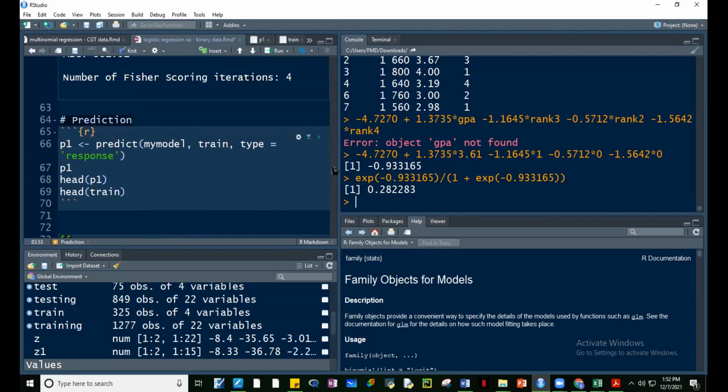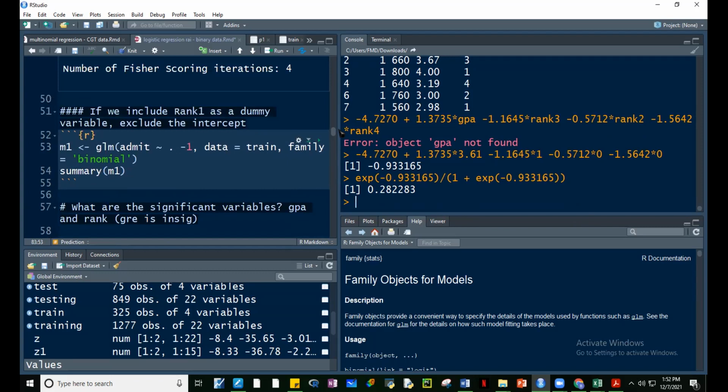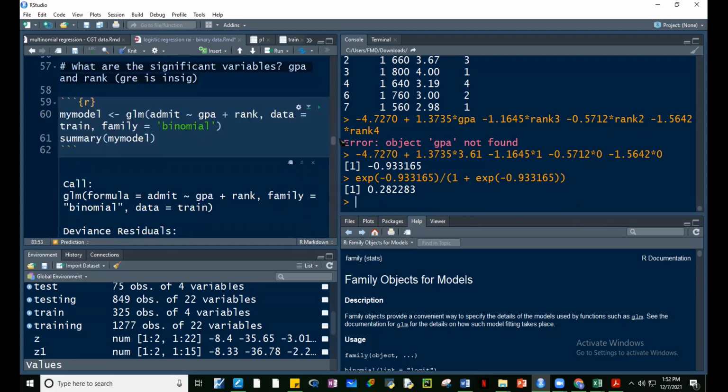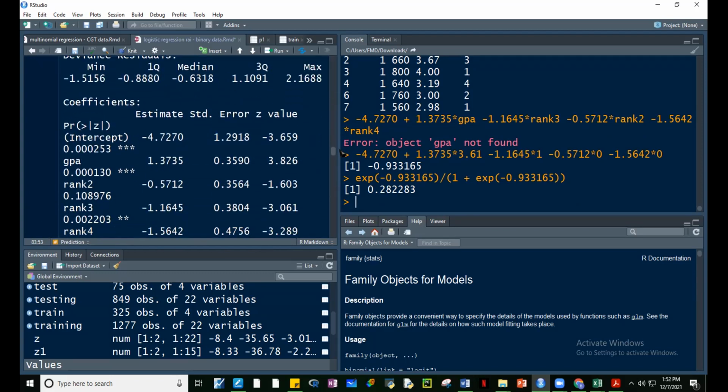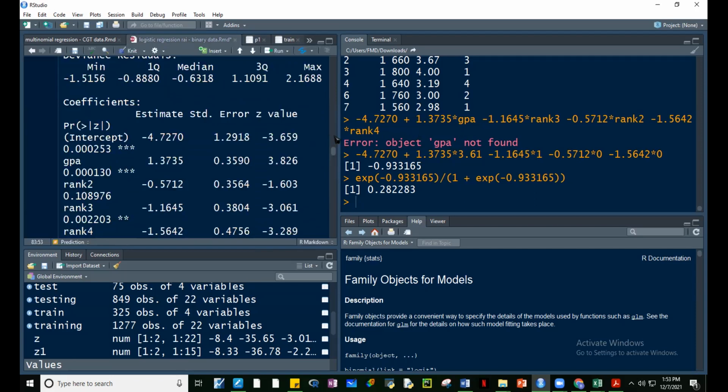So how does that compare now with yung value natin kanina? Di ba kanina, ni-run natin, asan yung predict natin? Ano yung P1 natin? So let's see P1. Ito, P1.